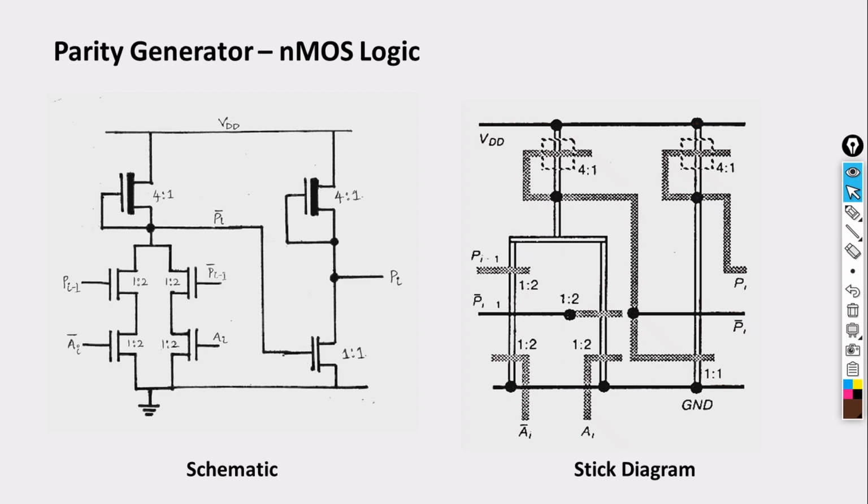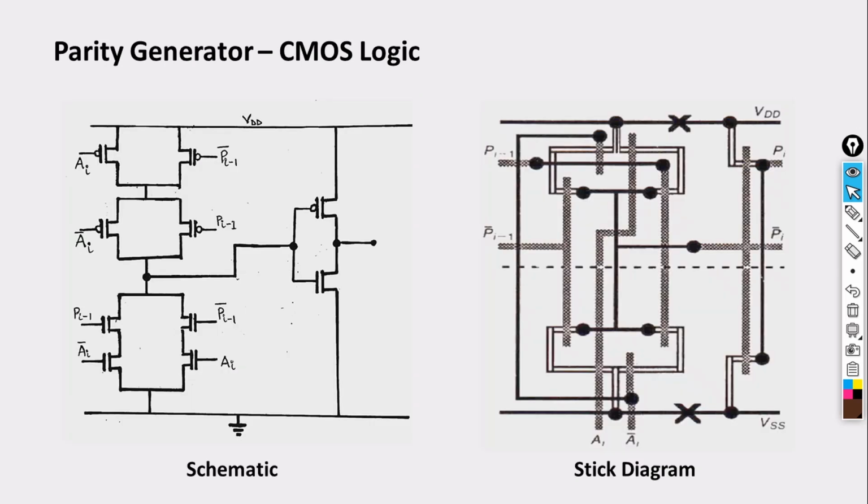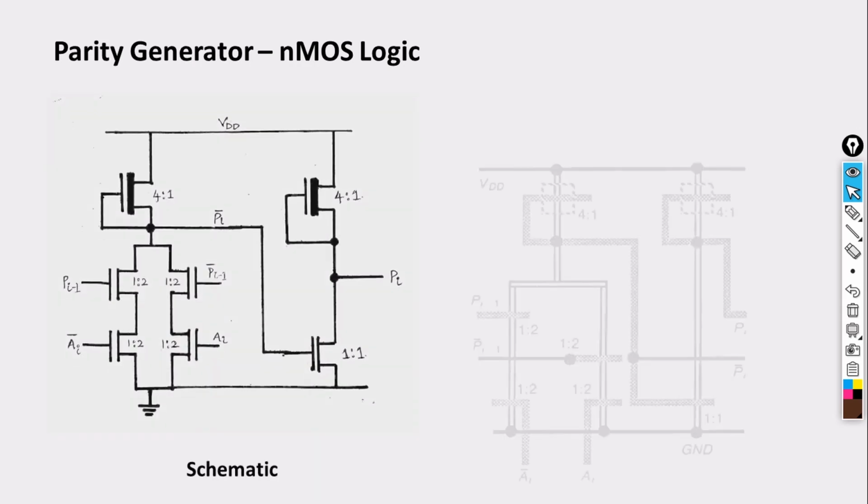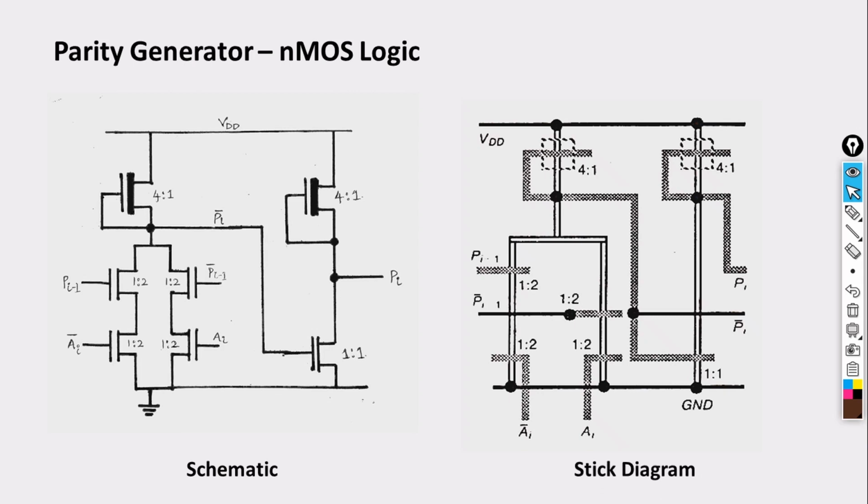By observing CMOS logic we came up with a total of 10 transistors, and by using NMOS logic I can reduce the transistors by 3. But even though the number of transistors is more in CMOS, it is better to go with CMOS logic itself, because if we go for NMOS logic, there is a problem with the ratios we need to maintain, like the pull up to pull down region ratio.